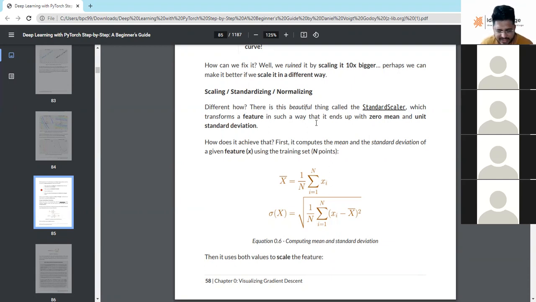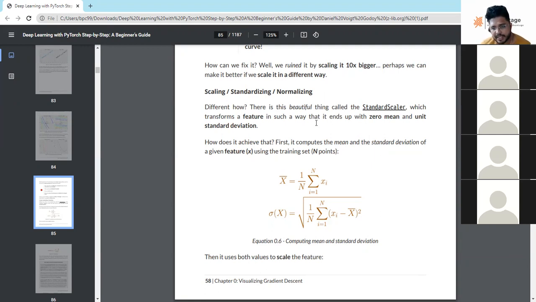So you guys are clear on statistical mean and standard deviation, right? Any confusion in there? No. So that means I might have a very big range of values, where the minimum is say 10 and the maximum is say 20 million.